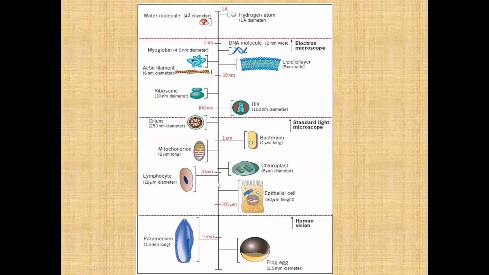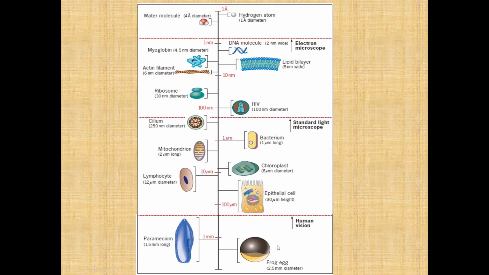These we can usually observe under a standard light microscope, and you see here mitochondria, a bacterial cell, chloroplast, also a lymphocyte as a blood cell, and an epithelial cell as a type of eukaryotic cell. All these components we can see using a standard light microscope.